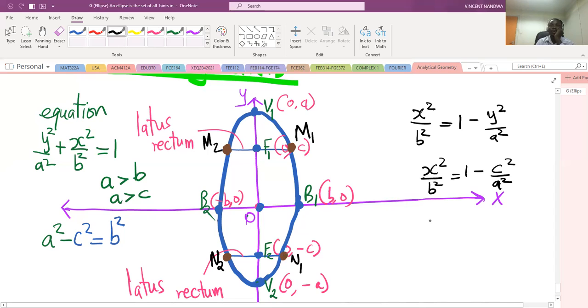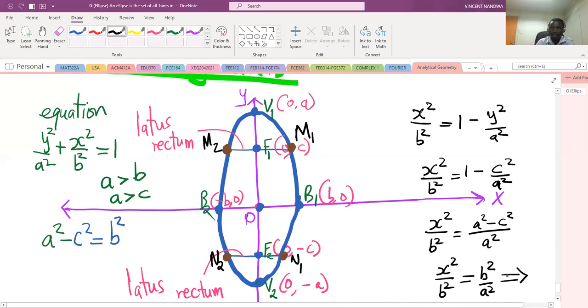With the LCM a squared, we have a squared minus c squared, and we know a squared minus c squared is b squared. So x squared over b squared is b squared over a squared.